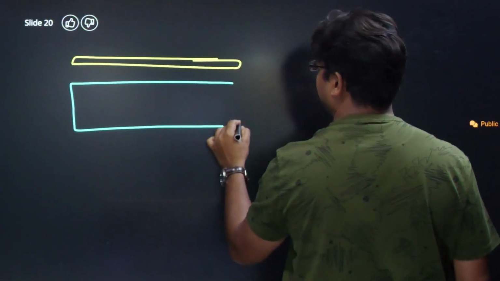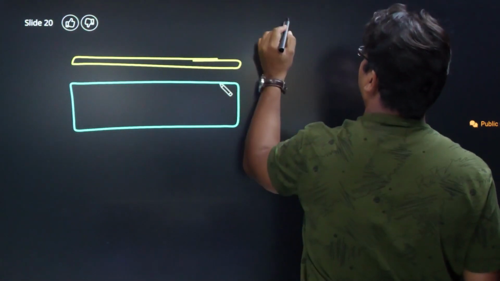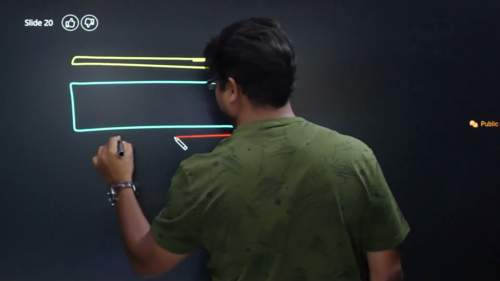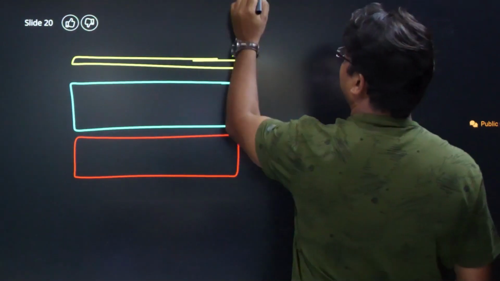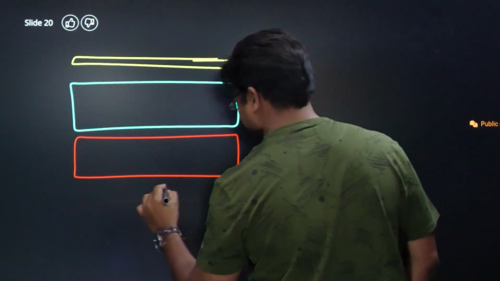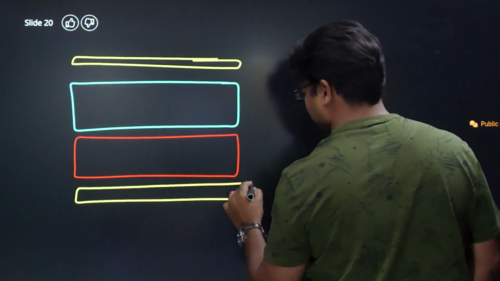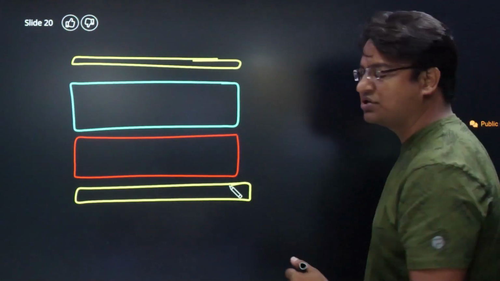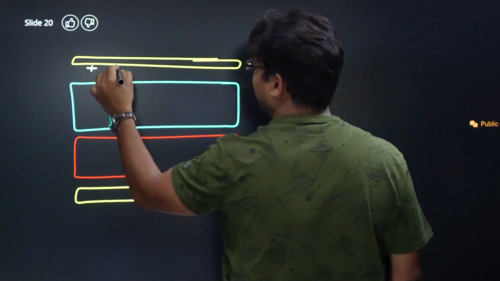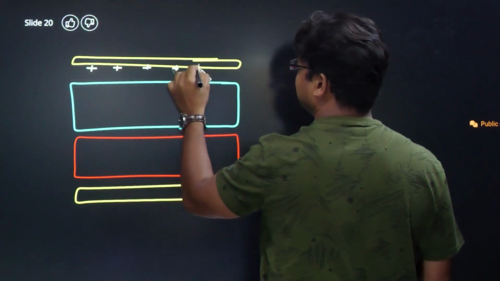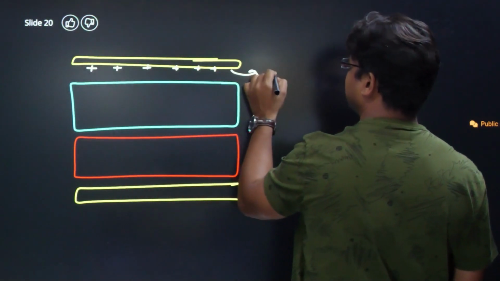I am deliberately showing it away from the plate. And let's say this is the second dielectric. Let me draw this lower plate also. So this is the lower plate. What happens actually is that we have some surface charge density here which we are representing as sigma.